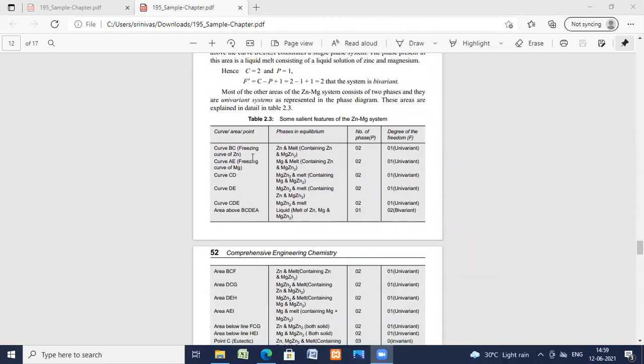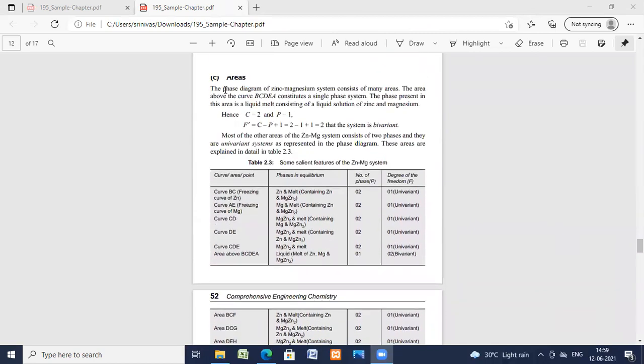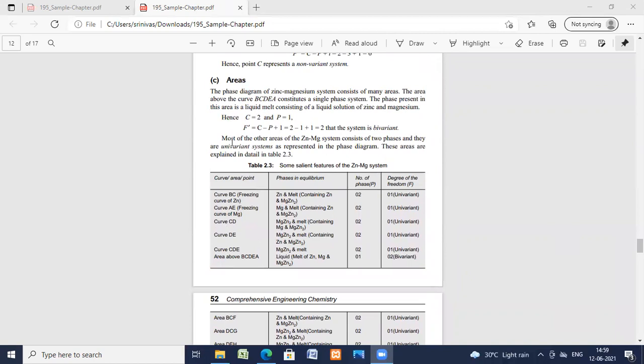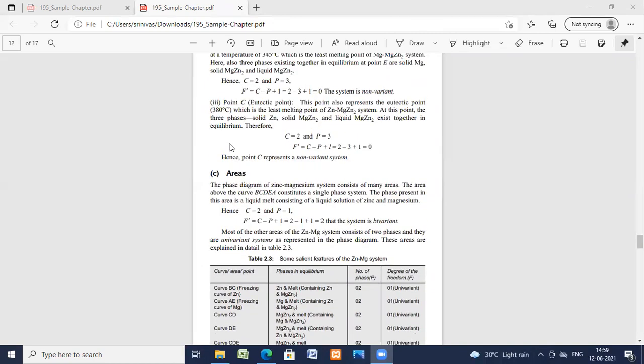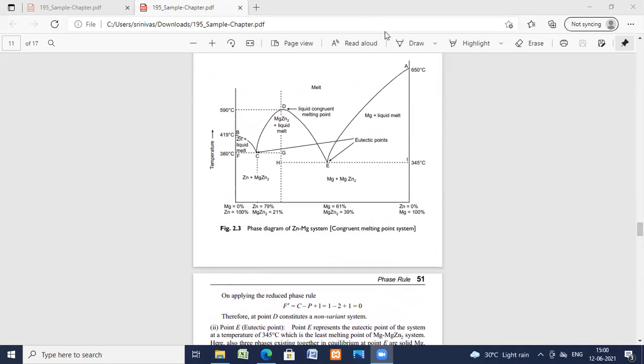Now, the next curve we'll see is curve AE, the freezing curve of magnesium. You have magnesium plus melt. Here, instead of zinc plus melt, it is Mg plus melt.